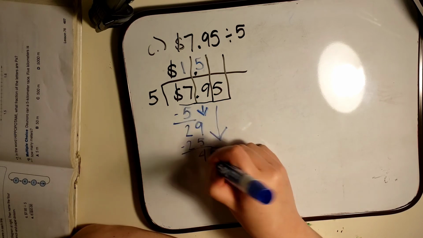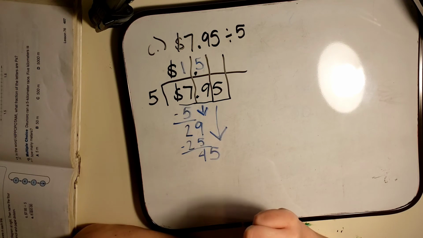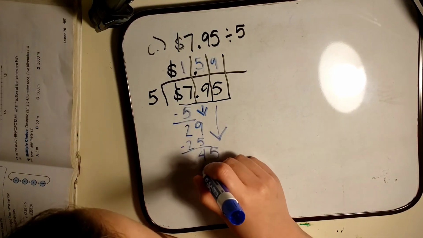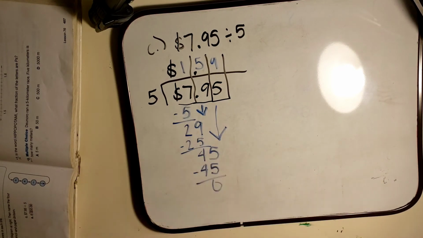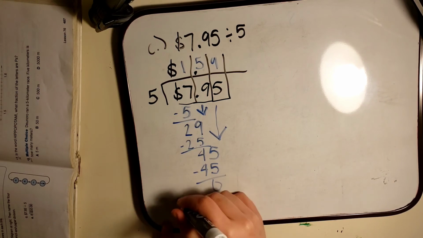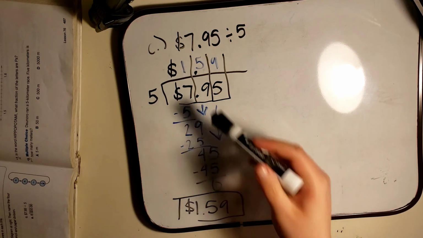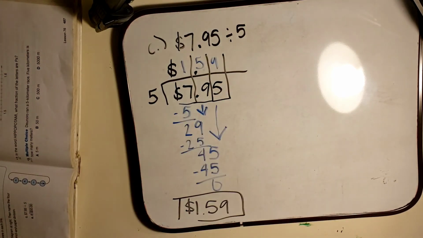Then bring down that 5. And now 5 goes into 45 9 times, because 9 times 5 is 45. And we have nothing left over, so our answer then is $1.59. And I'm just going to write it down here, $1.59. Make sure you're putting your dollar sign up and your decimal up right away. Don't start your math yet. Put those up so you remember that that's where they go.